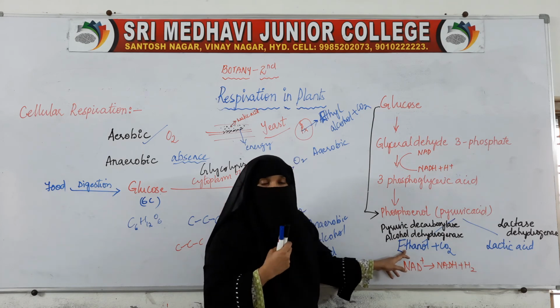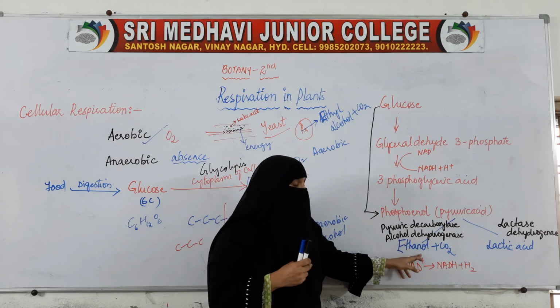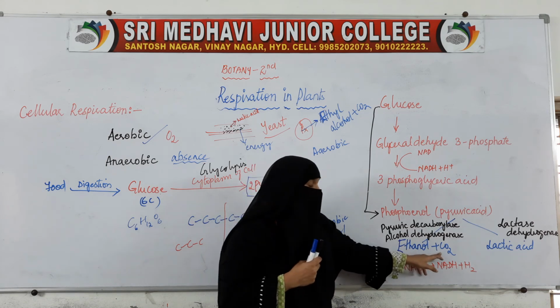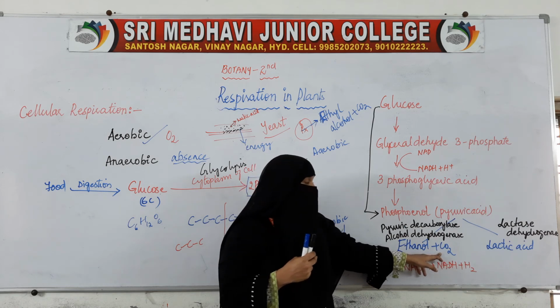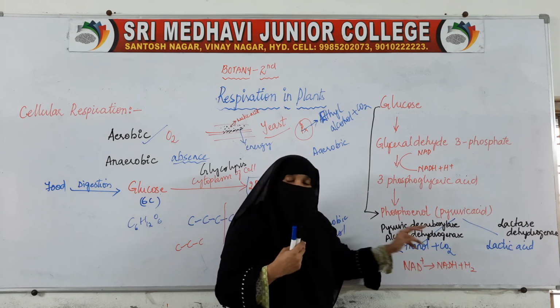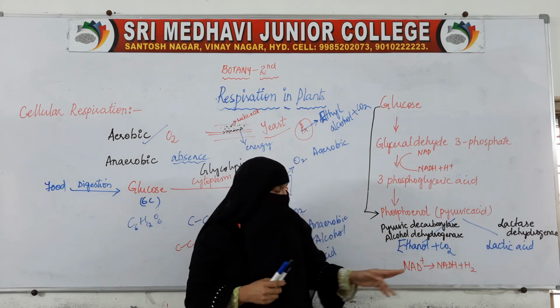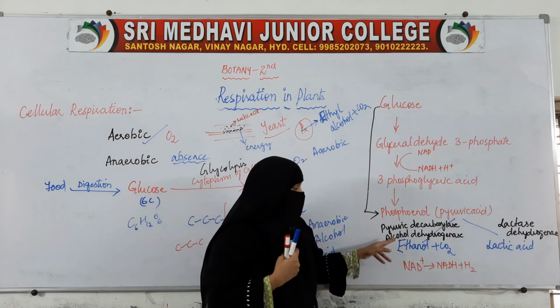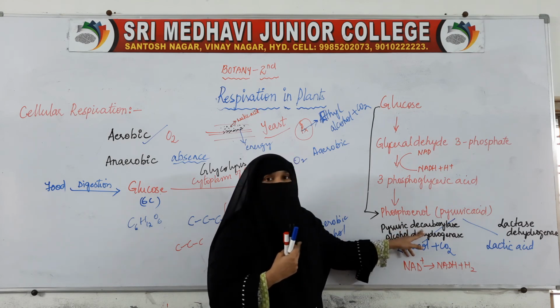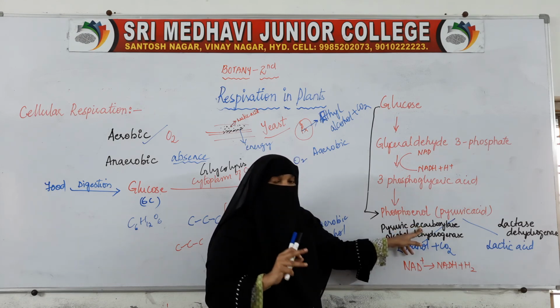If oxygen is not there inside the yeast, then yeast will change the pyruvic acid into ethanol and carbon dioxide. And the enzymes which help in converting the pyruvic acid into ethanol, which is nothing but alcohol, are pyruvate decarboxylase, and decarboxylase means carbon dioxide is being released.